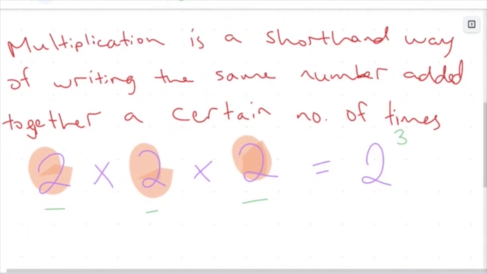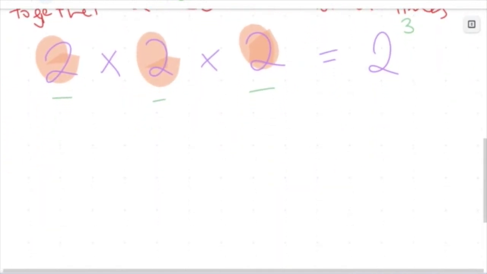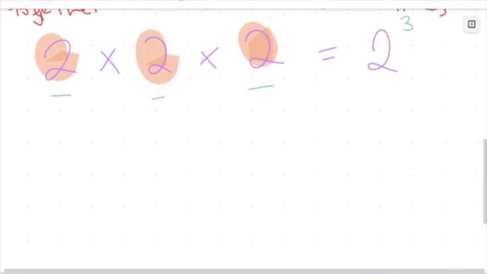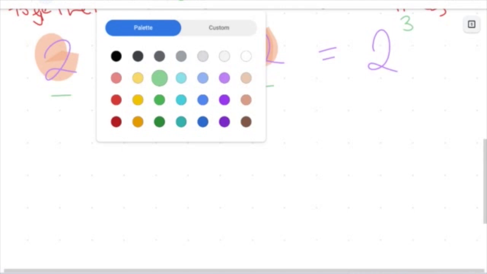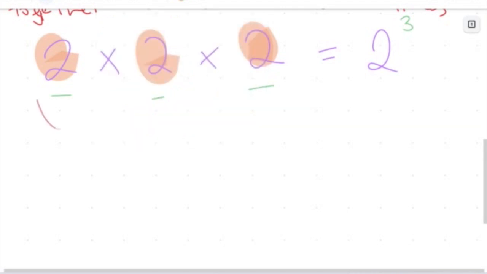Now, this is a nice shortcut way of expressing information. You can see my expression on the right here is a way shorter and quicker way than writing 2 times 2 times 2. So there are 2 different forms that we can express this operation of multiplication. One of these is what we call our expanded form.